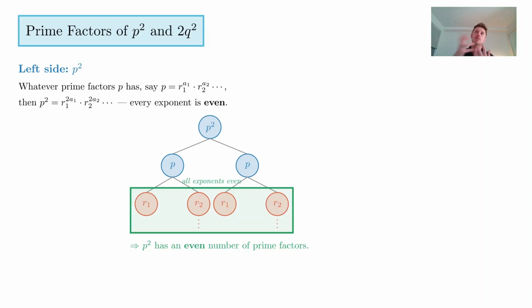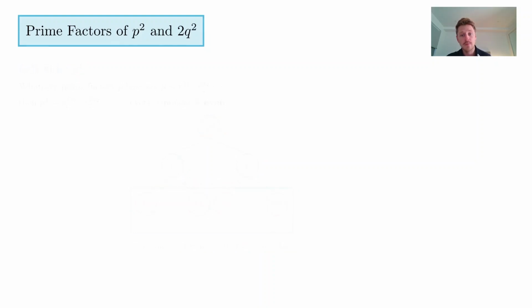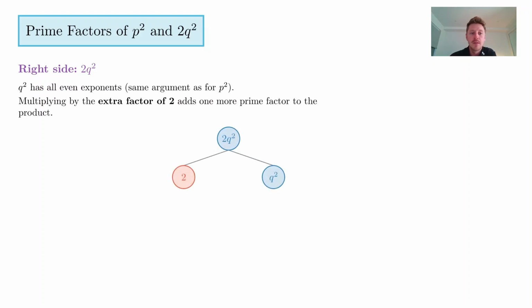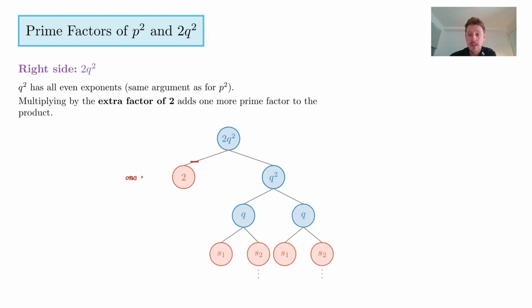And that's what we were talking about before with the number 36. Because it's a perfect square, the factor tree is symmetrical. Everything here is symmetrical, because even if you break it down, you're going to have the same thing on both sides. Because p squared is p times p, and then you can keep going. But no matter what you do, you're going to end up with an even number of prime factors. So I think that's interesting. And maybe you're starting to get a feel of how we're going to get some sort of contradiction here. But if we did the right side now, it's going to look like this, isn't it?